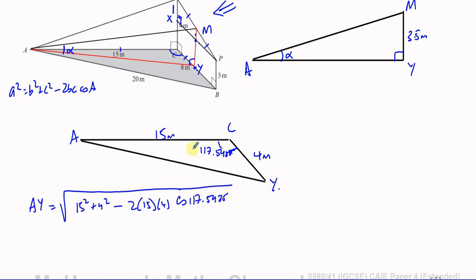Now we're using the cosine rule because we have two sides in a non-right angle triangle, and the angle between the two sides, and we want to find the side opposite. That's the classic use of the cosine rule.